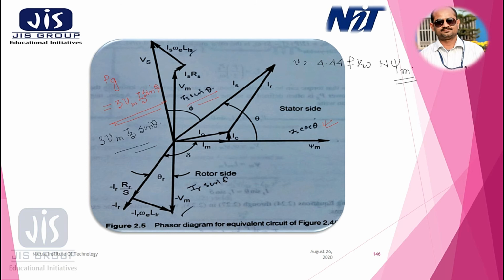Instead of f we take the rotational omega. So from here, this Vm will become some constant term with this psi m, where this psi m is the air gap flux linkage per pole, RMS value.